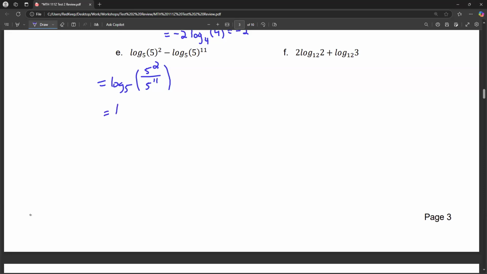And so this will rely on some algebra skills with exponents if you went about it this way. Remember, if you're taking something, raising it to a power, and dividing that same thing raised to a power, we can subtract the exponents, right? And so this would actually become 5 to the power of 2 minus 11, right?